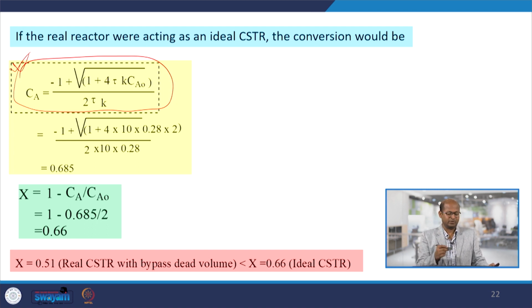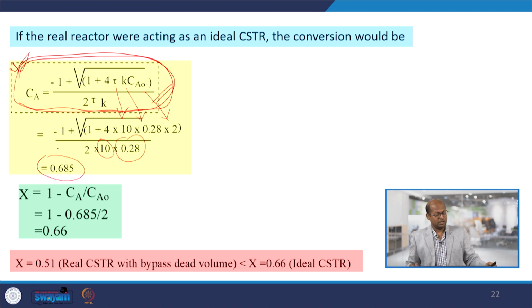We discussed second order reactions, and this type of equations we have developed. So, here if we substitute tau, k, C A naught, this is tau and this is k, then the actual concentration is this and the conversion we can get is 66%.